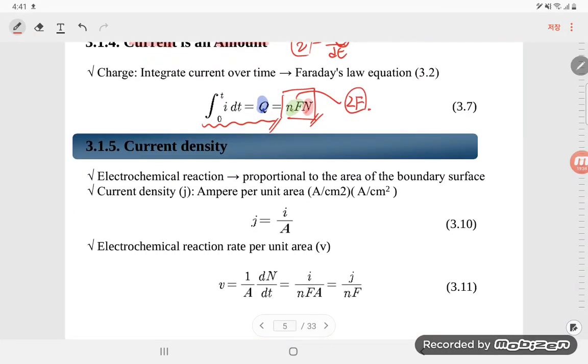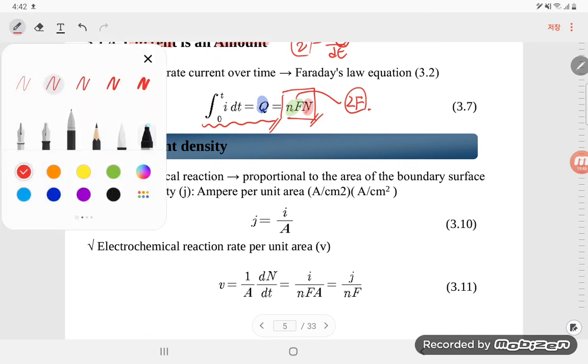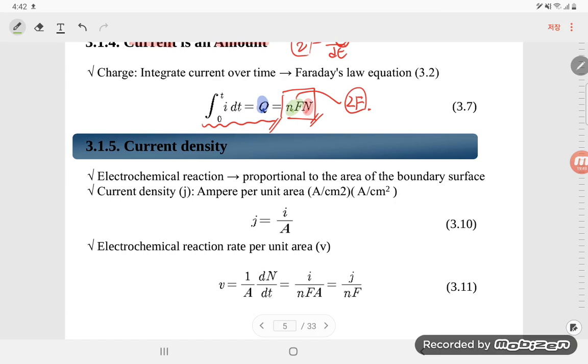And the current density, let's talk about the current density. In the fuel cell, we usually use the current density, not a current. So the electrochemical reaction is proportional to the area of the boundary surface.